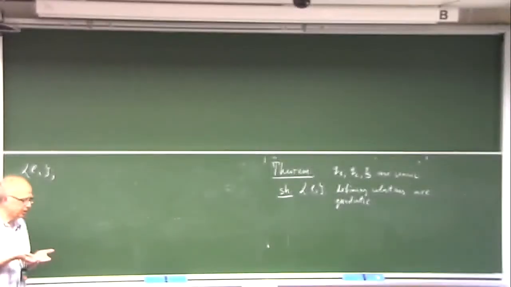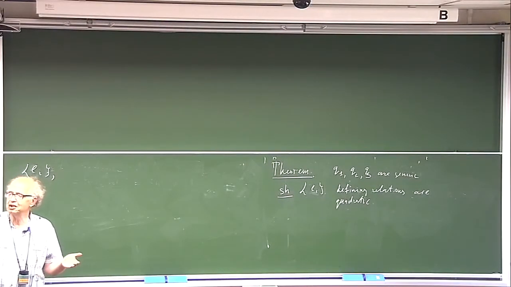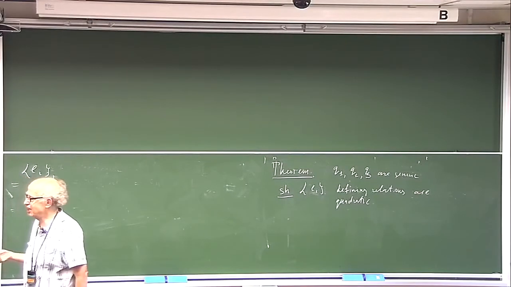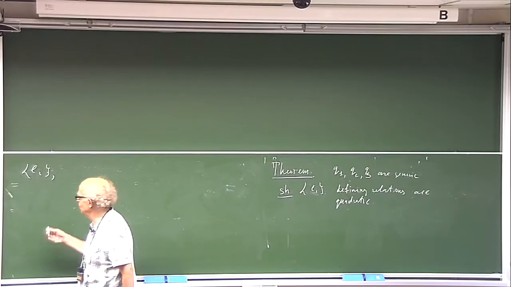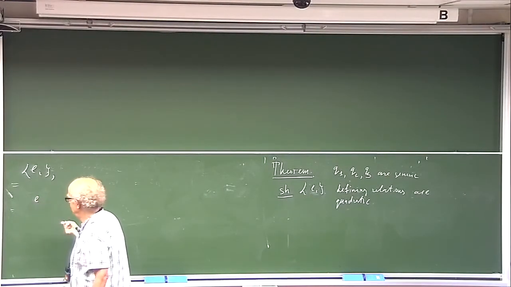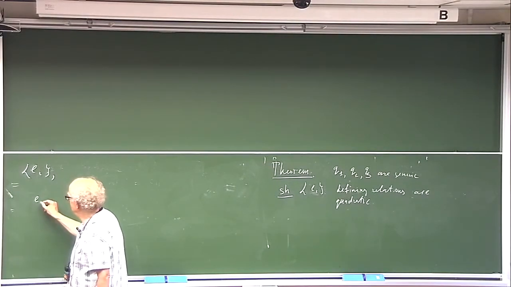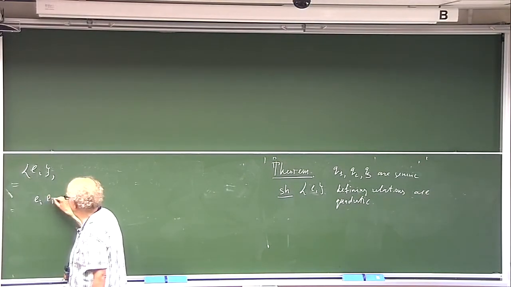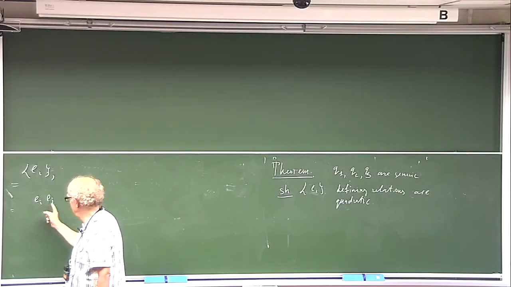Now, if you know quadratic relations, then in principle you can say something about the size of the algebra, because size is not so easy, but at least what we can do. So our relation says that if the algebra is commutative, it means that if you have EI EJ, this is the same as EJ EI.